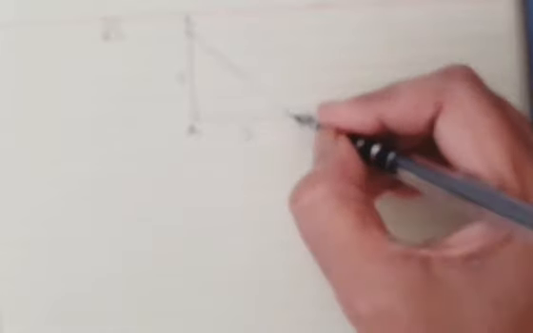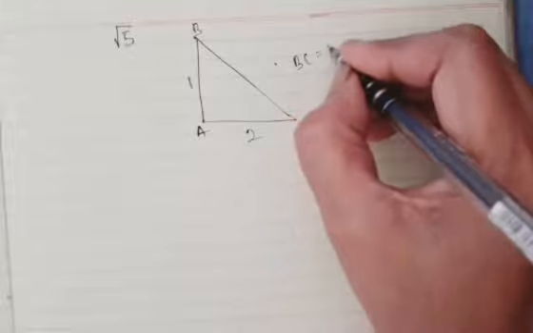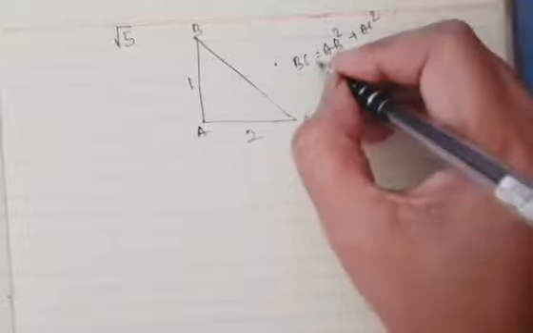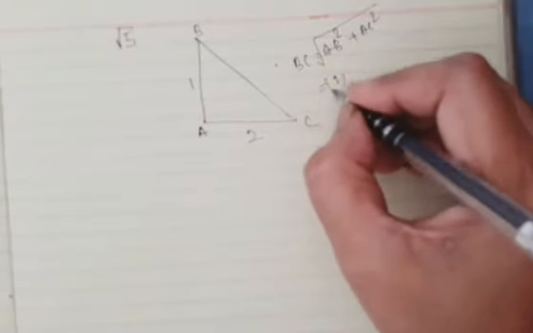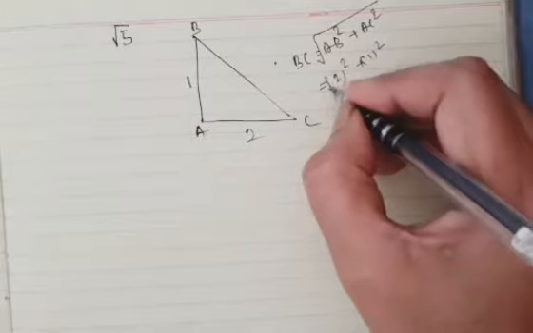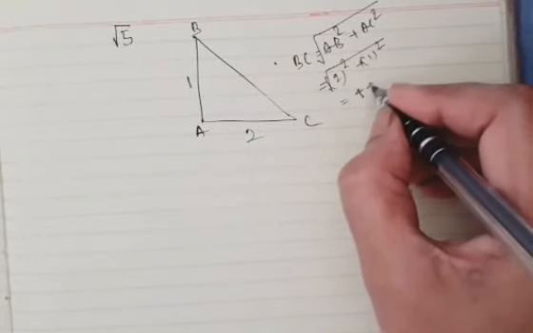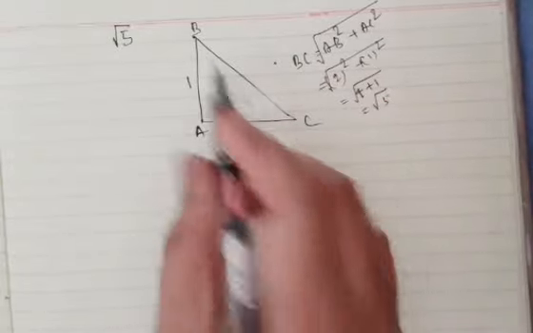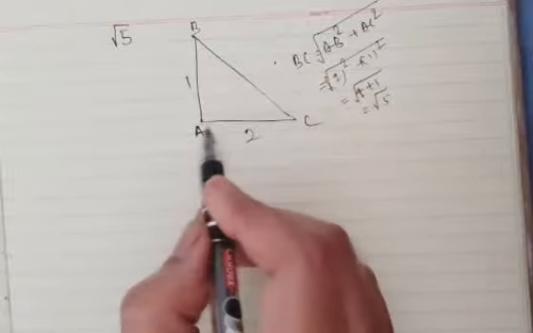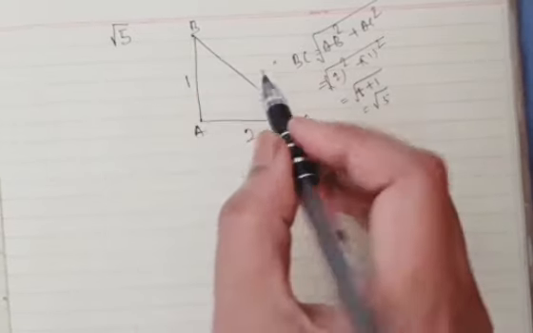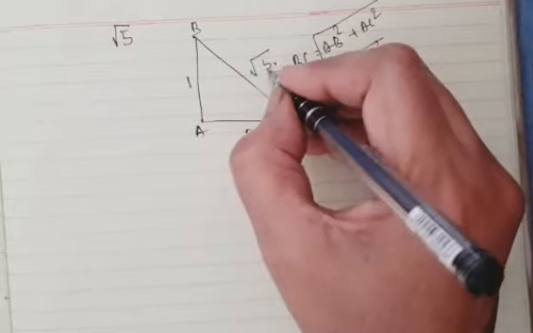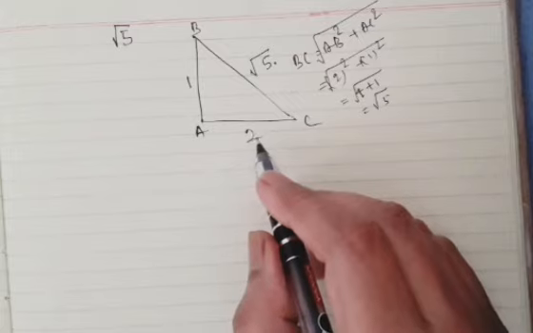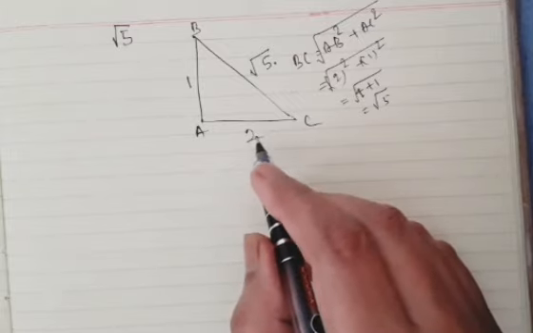So obviously BC is the square root of AB square plus AC square, that is 2 square plus 1 square, so that is 4 plus 1, that is root 5. So in a right triangle, if base is 2 unit length and perpendicular is 1 unit length, then hypotenuse will be root 5 unit length. By applying this concept, we can represent root 5 on the number line.